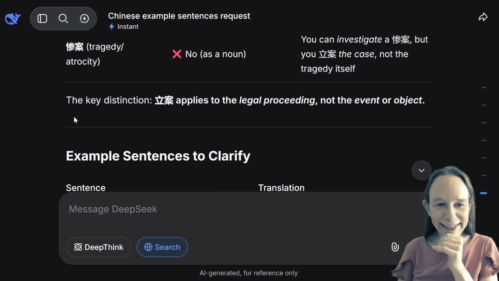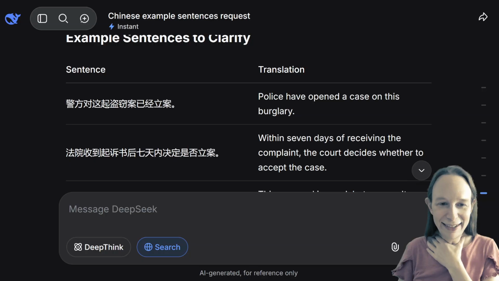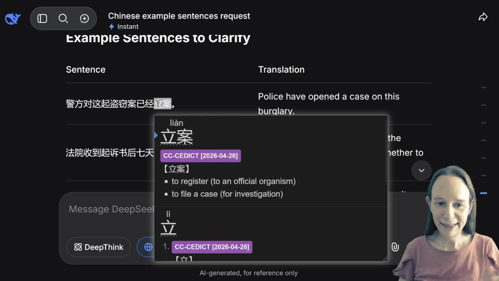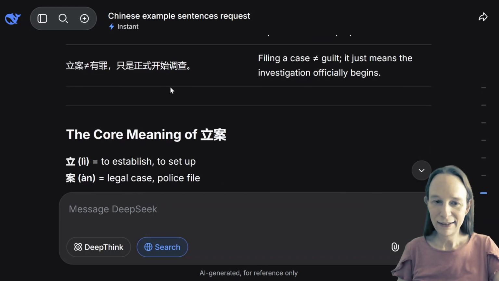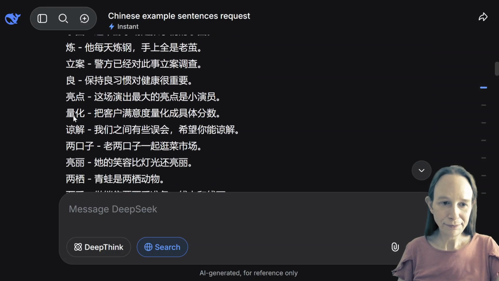Some of these make sense. 警方对这起盗窃案已经立案. So the police have registered a case of burglary, or opened a case. All right. I think we get the idea.